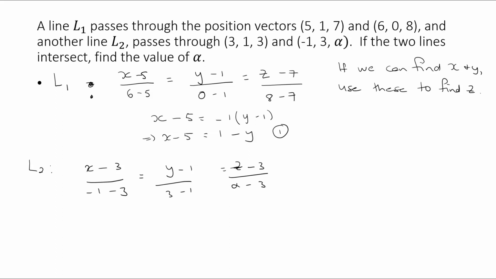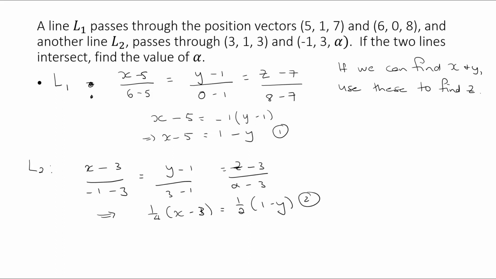And obviously we need to find alpha. We could rearrange those and we could get, again, a statement in x and y. Oops, that's a 3. And we call that 2.